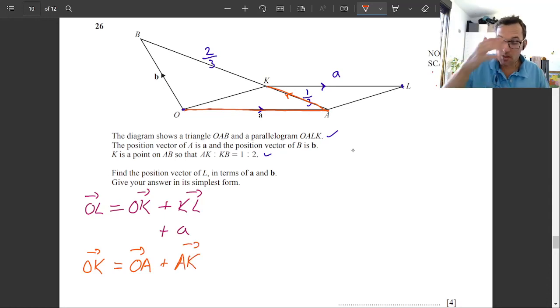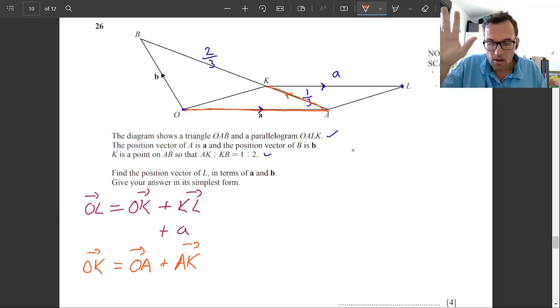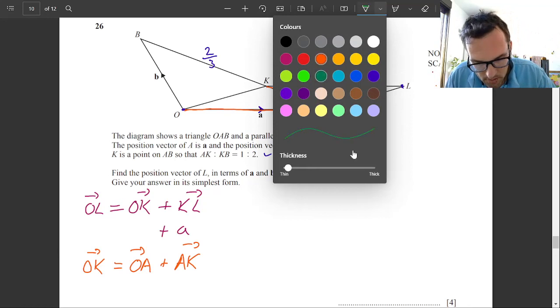Again, we have OA, which is A, but we don't have AK. Oh my goodness, this never ends. But we can find AB, so let's do that first of all. Let's give this a nice green color.